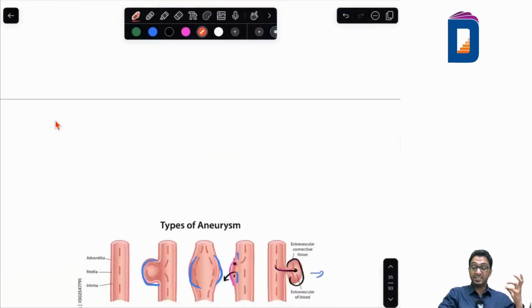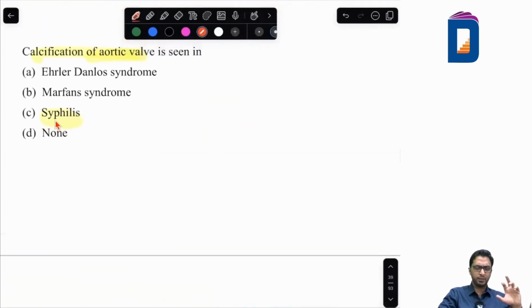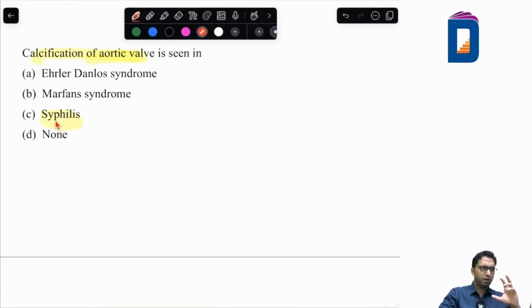Now coming to calcifications, that is seen in two lesions. You might say this is all something to memorize, but whenever you see 'most common', it can be asked as a clinical question. For example, they will give you some features of syphilis, like a chancre, but then something will confuse you, like calcification of the aortic valve.